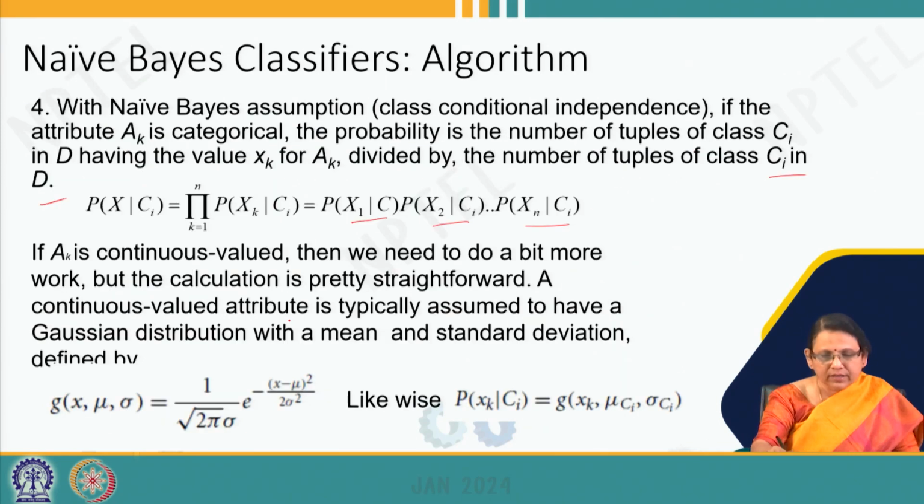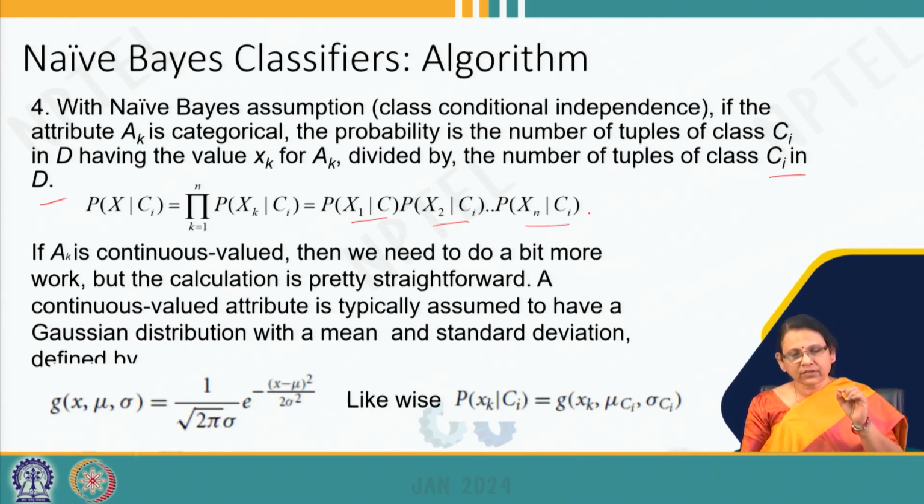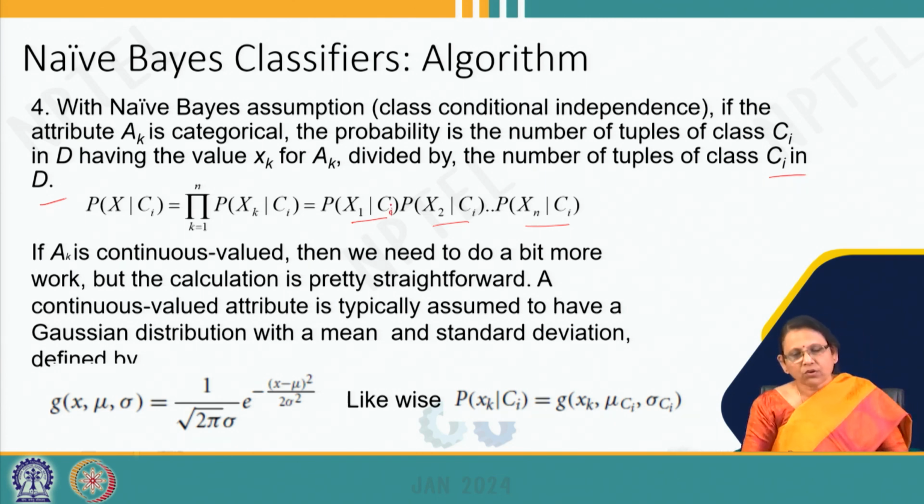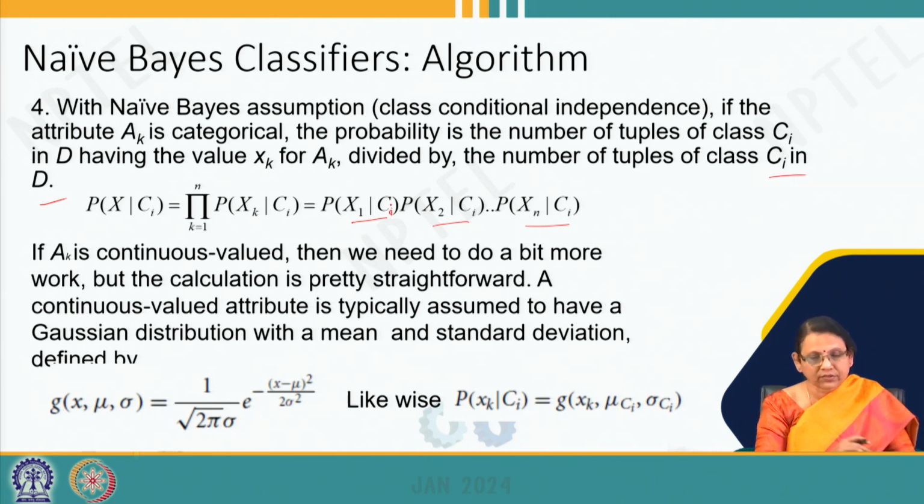So that is what it says: you have to find out the number of director 1s divided by the number of Ci, that is, in how many places yes is there.